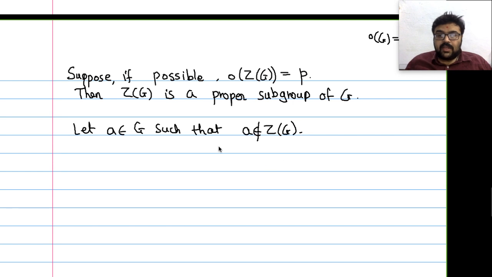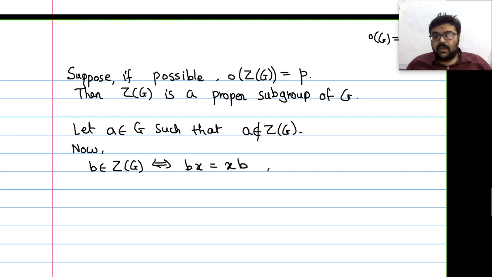Now consider N(a). If b belongs to Z(G), that means bx equals xb. It commutes with every element of G, for all x in G.